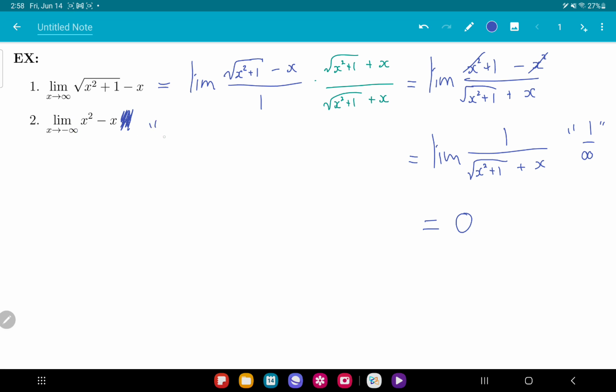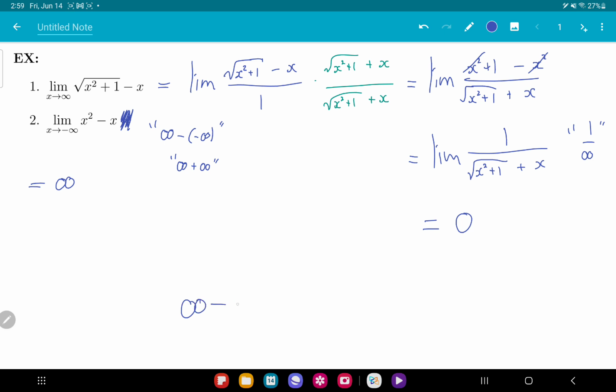It gives me infinity minus negative infinity. Which is actually not a problem. That's the same as infinity plus infinity. So there's nothing weird about that. This is just going to give me infinity.